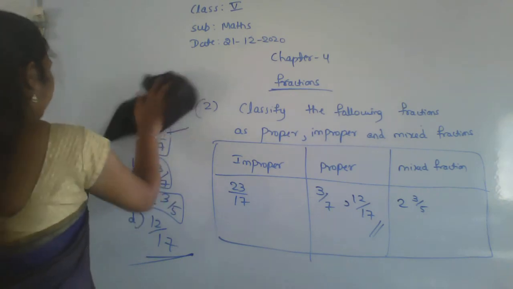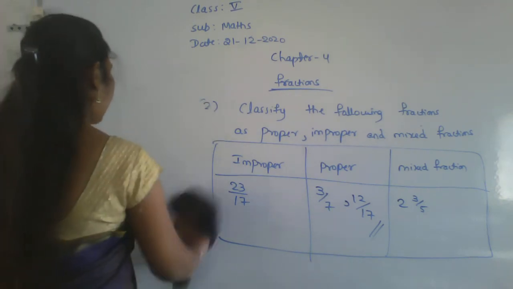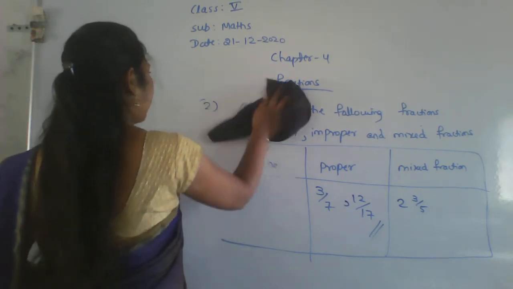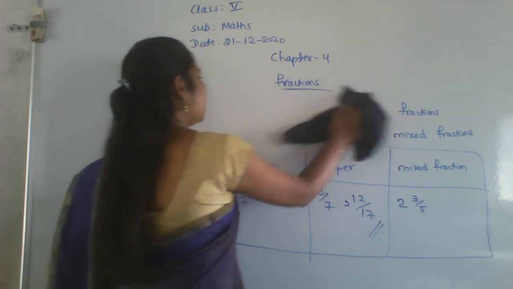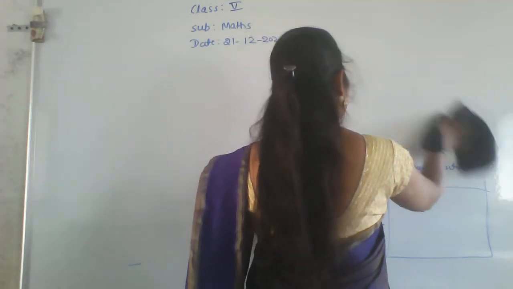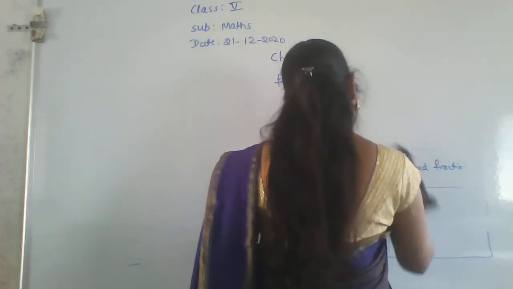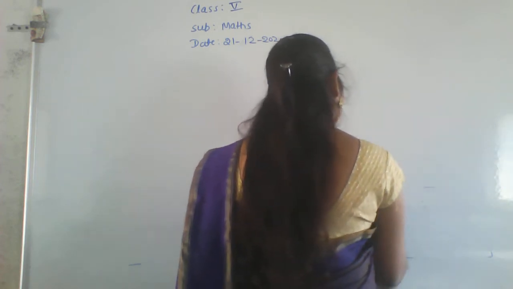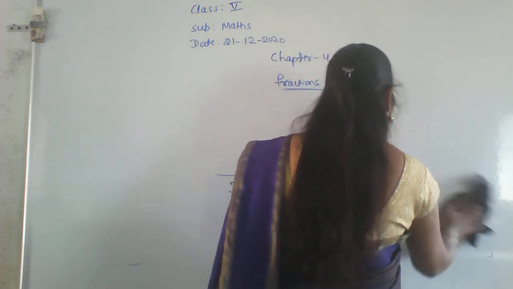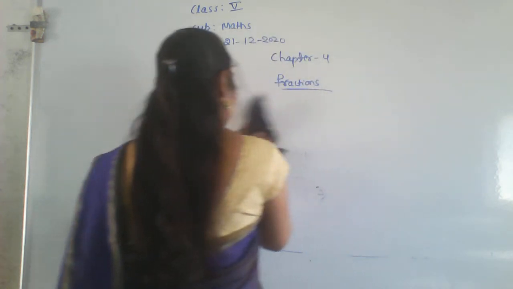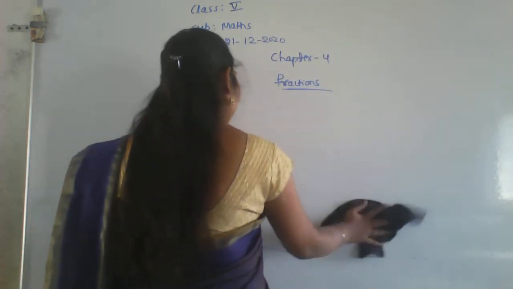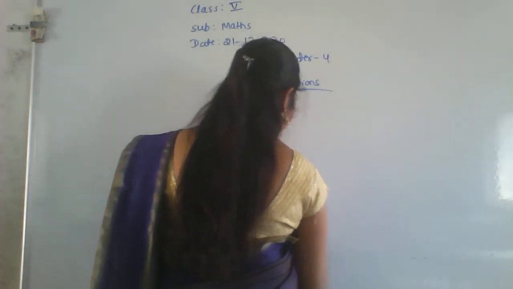Okay. So that is the comparing of unlike fractions. How to compare unlike fractions? If the fractions are like fractions, then we can compare easily, because whichever numerator has the greater value, that fraction will be the greater. But if it is an unlike fraction, then what do we have to do?